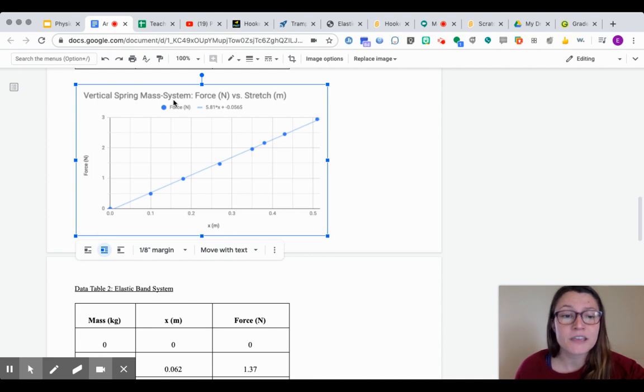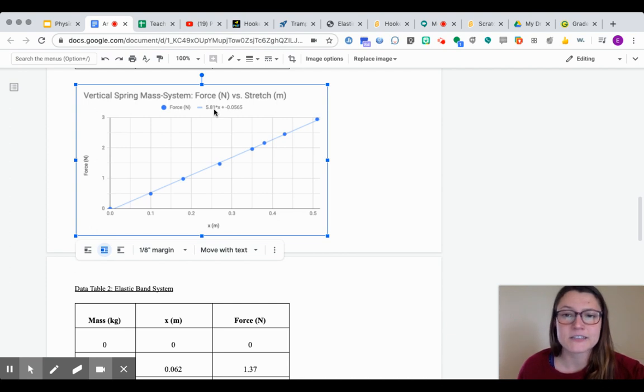So what that means, right, if these data points fit the trend line, that means that this slope is consistent. If we take the slope between any two of these points, we will get 5.81 newtons per meter. So the spring constant of the spring is consistent.